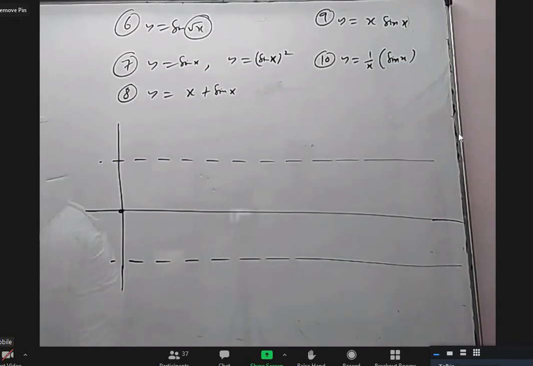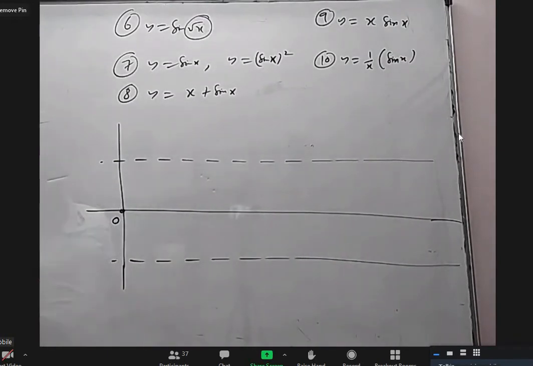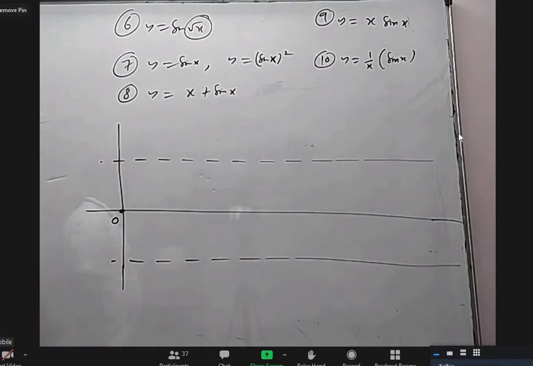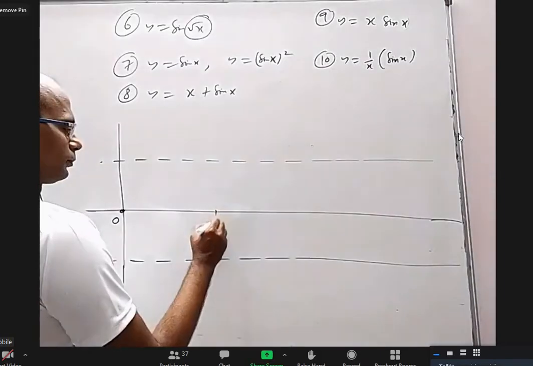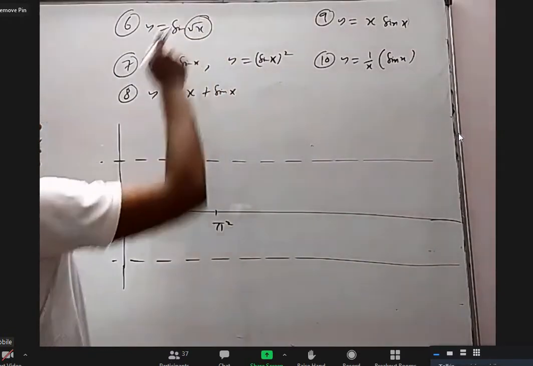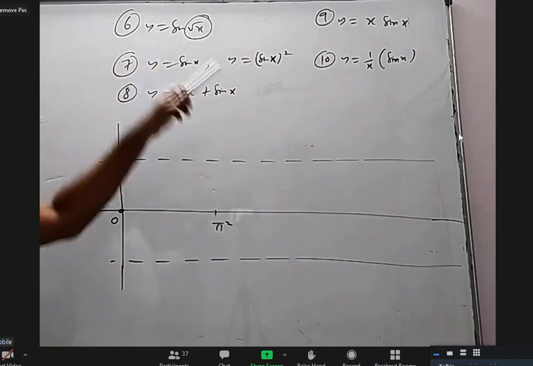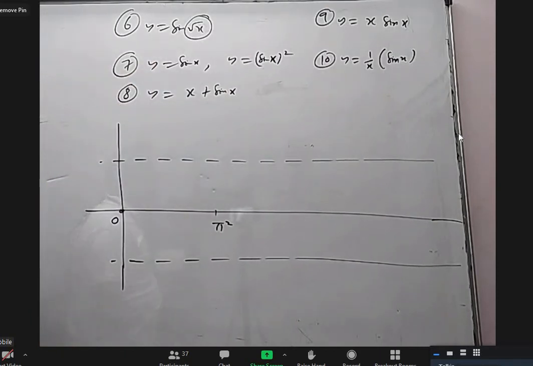Sir, x is equal to 0. After 0, the next one I'm talking about. No, it will become 0 at pi square. When you put x as pi square, what is root pi square? Pi, sir. And sin pi is 0, right? Yes, sir.